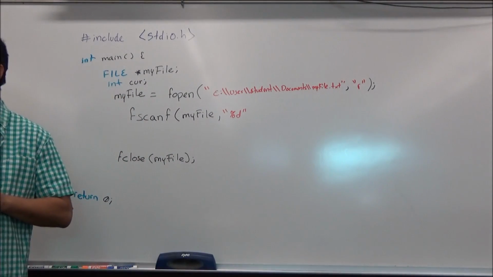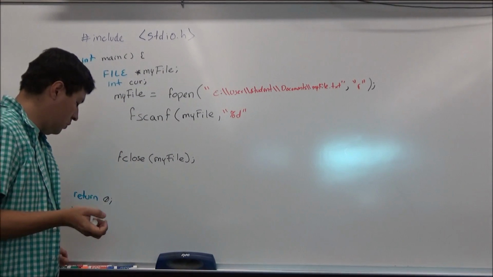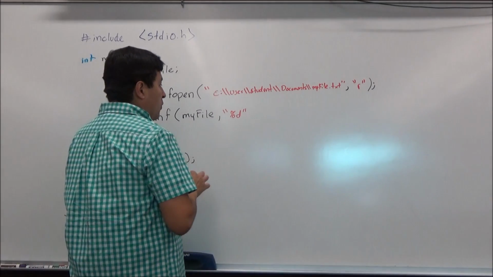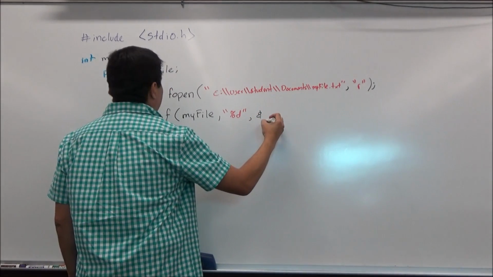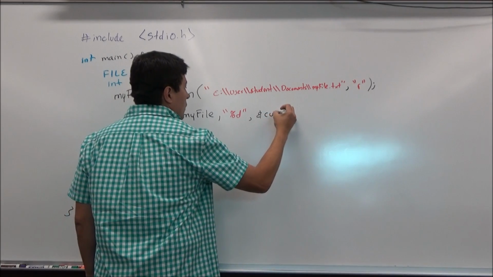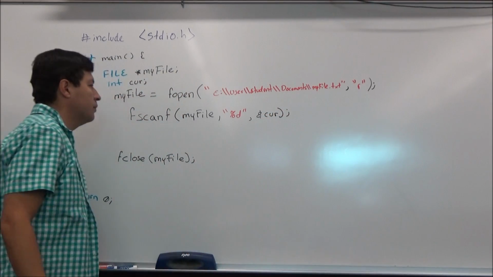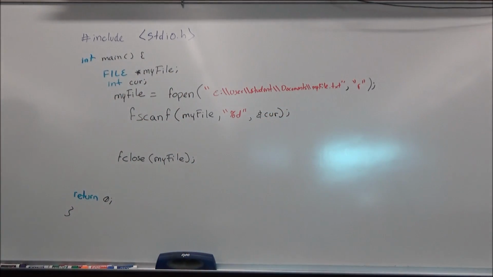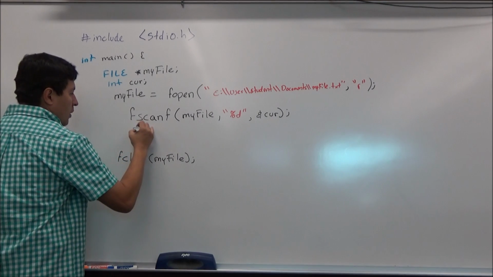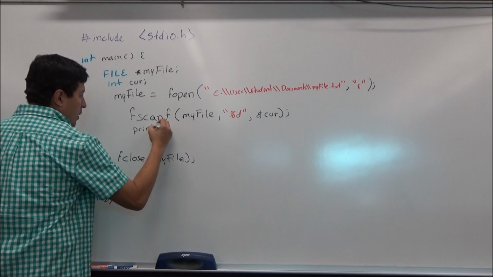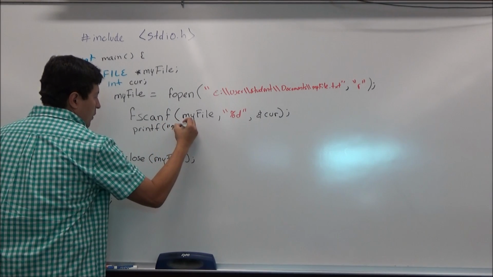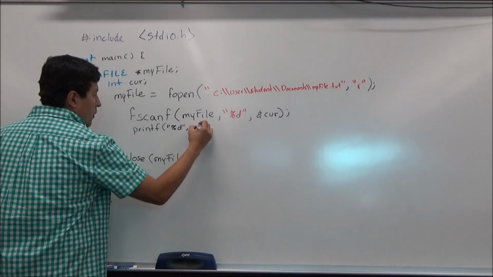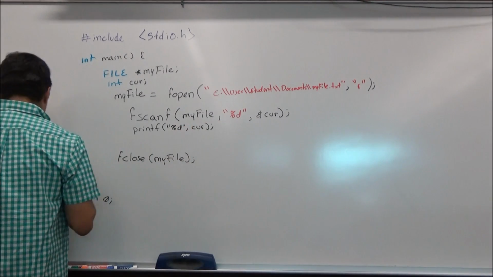So you have to know beforehand what type you're supposed to read. And then the address of current. And then I can printf, see what I read.